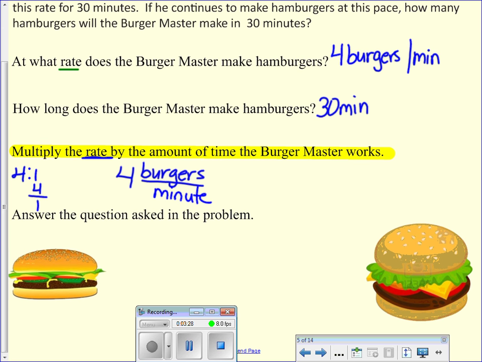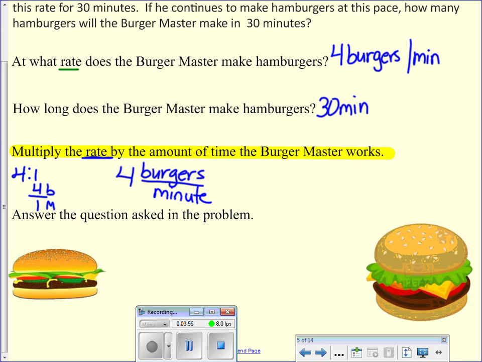Yeah. So that's 4 burgers per 1 minute, right? So I'm going to take that and then I'm going to write it like this, 4 burgers per minute. Plus we also know that a whole number 4 is the same thing as 4 over 1. That's the same thing. I'm going to erase that. So that's another way that we can write the ratio, 4 burgers per minute.